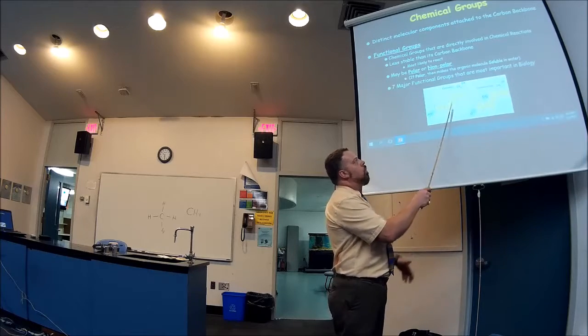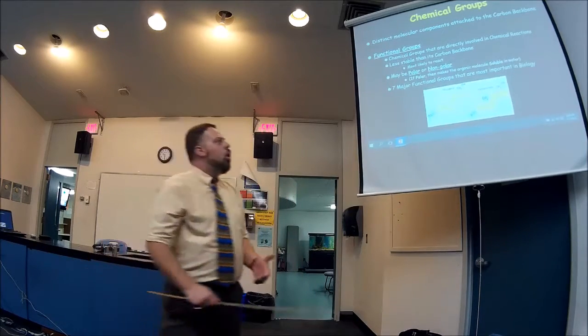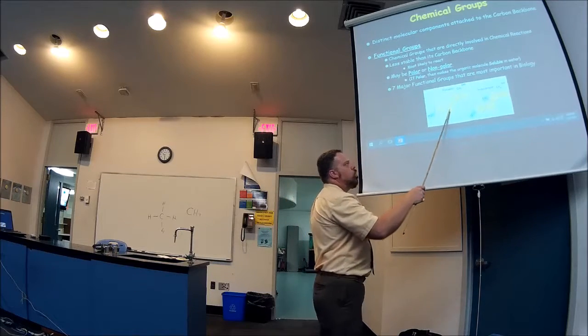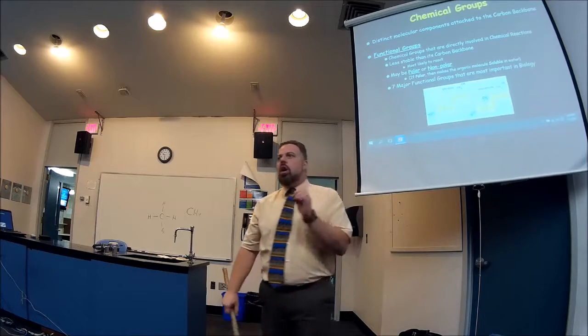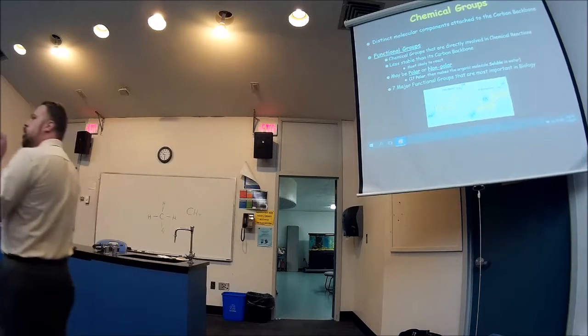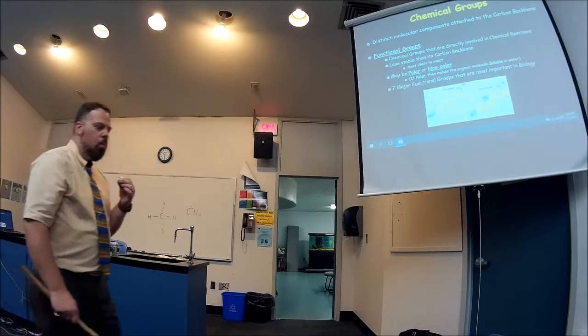Well, these are hormones, but if someone needs more estrogen, then we might not use the whole backbone, but we'll use the part, the functional group, that is going to be able to go to the receptor in our body. And I kind of showed you that with endorphins and morphine.